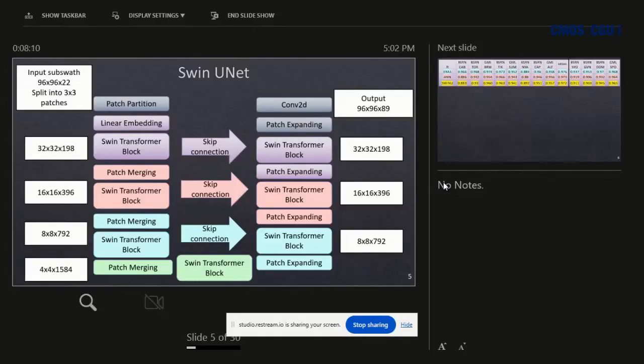Instead of just convolutional layers, you're adding SWIN transformers, which stands for shifted window transformer layers. It uses self-attention to look at the relationship between different patches within the image. And then you downscale the image for feature extraction and then upscale, and you have skip connections in between.